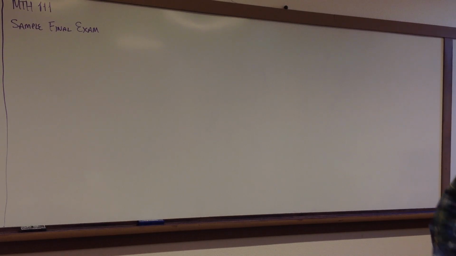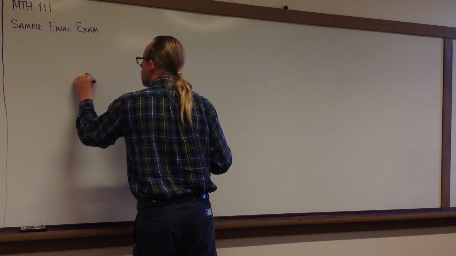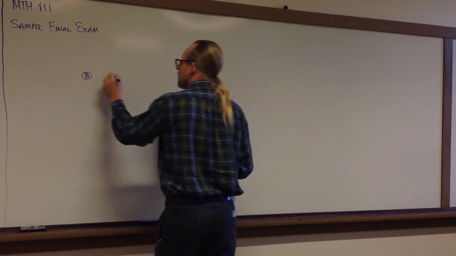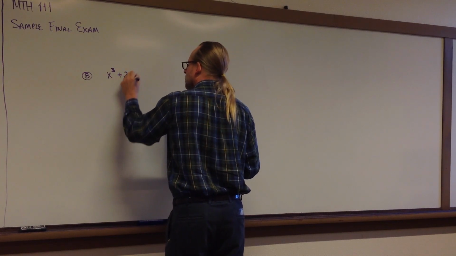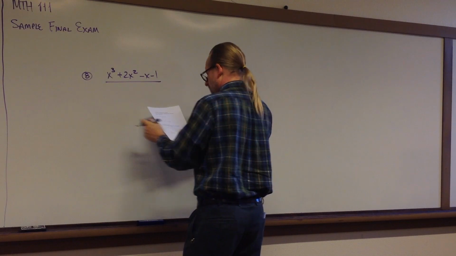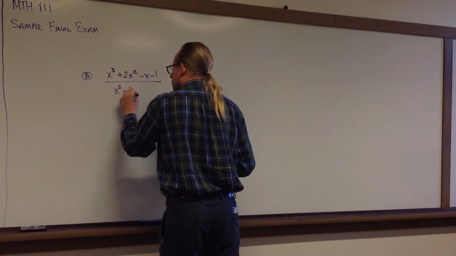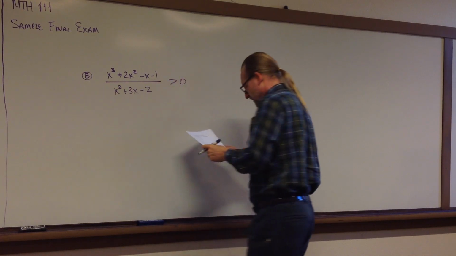So problem 8 is one of these rational inequalities, where we're interested in finding the roots and the asymptotes. Squared plus 3x minus 2. And this is also greater than 0.